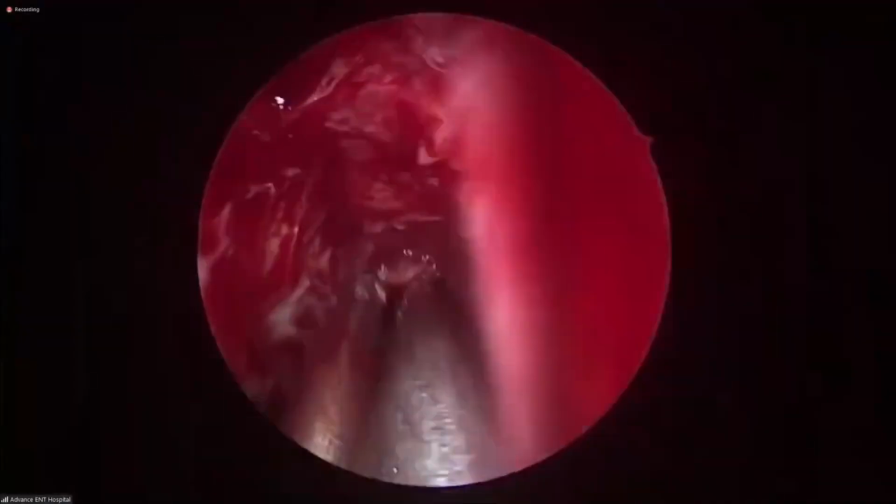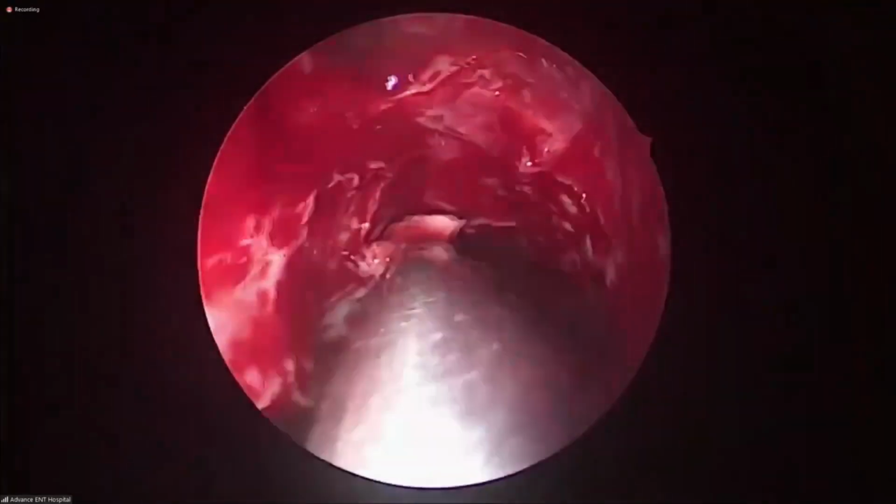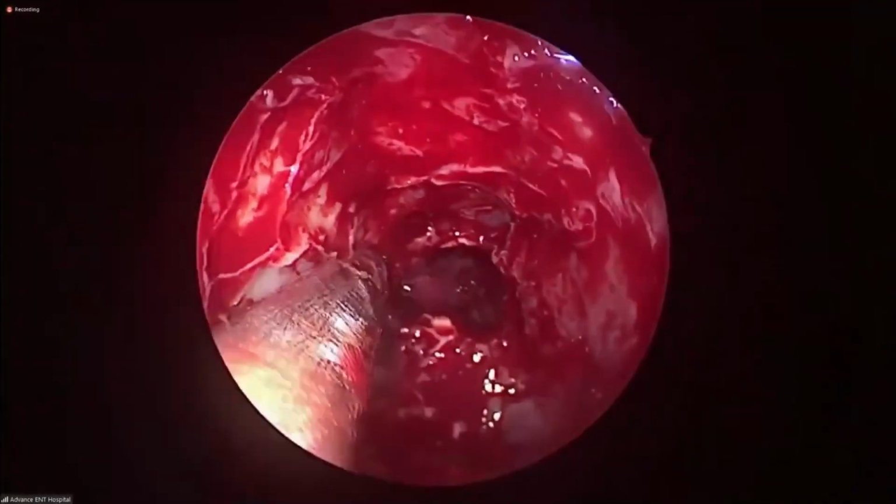Thick bones. Yes, sir. Osteitis. Yeah, such a thick bone. See this? Yes, sir. Widen the sphenoid.